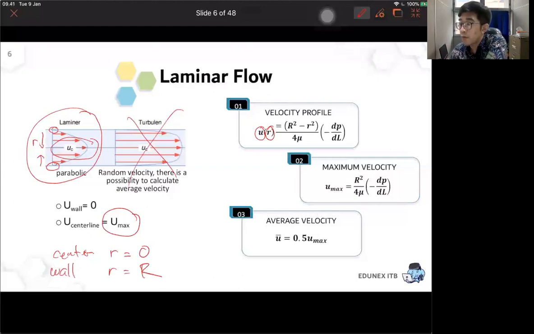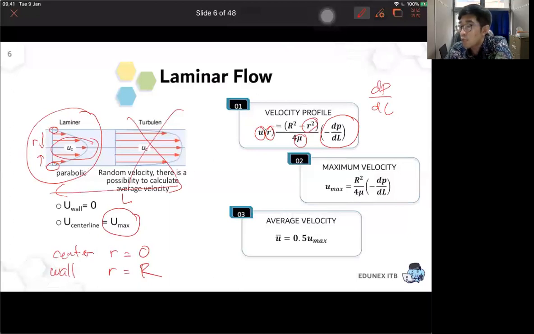So the velocity profile will be depending on the position of r, depending on the viscosity of the water, and it will be depending on the pressure difference. Do you understand dP per dL? L is the length of the pipe. It means there will be some pressure difference along the pipe. Why? From the friction. We will discuss it later in the friction, and how to get this formula we also will discuss.